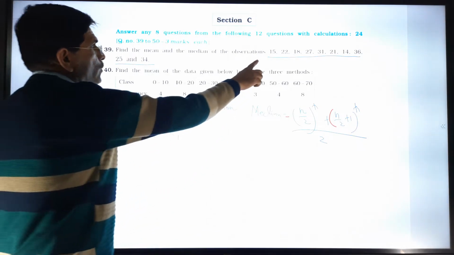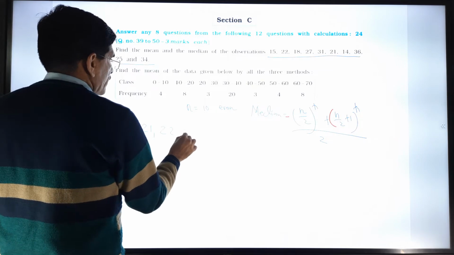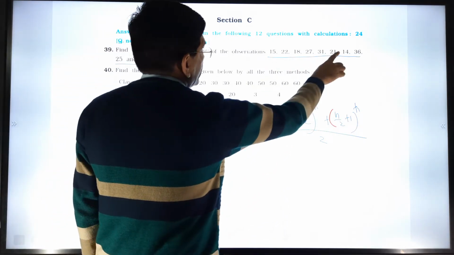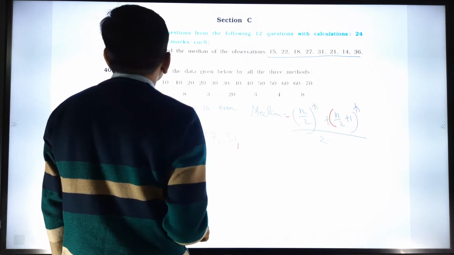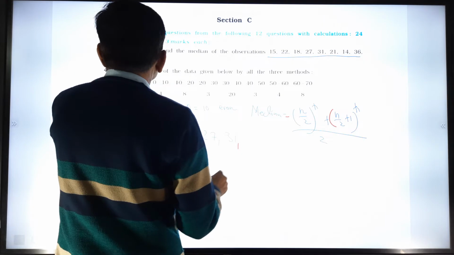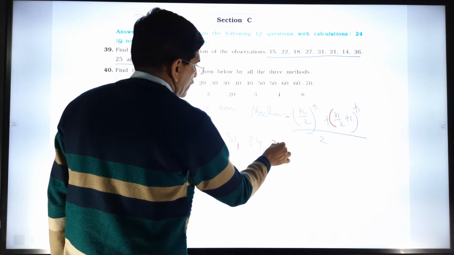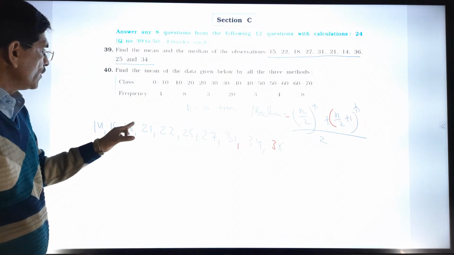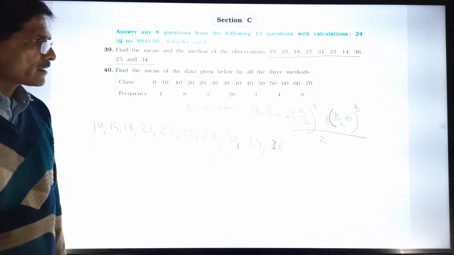Afterward 22, afterward you will see 25, then 27, then 31, then 34. Again we have to check whether there is any mistake in the sequence, otherwise we will get a wrong answer. 1, 2, 3, 4, 5, 6, 7, 8, 9 and 10 observations are there.